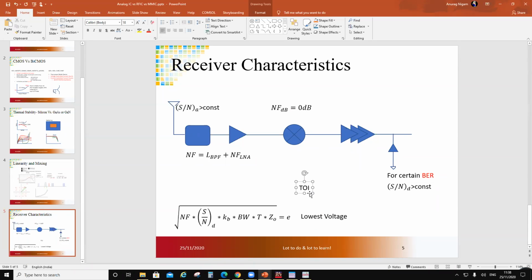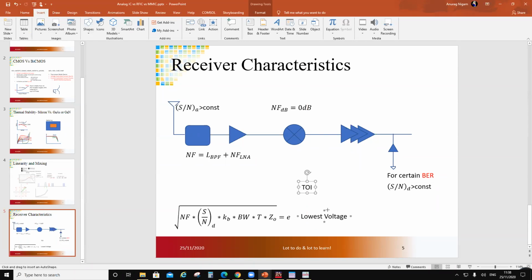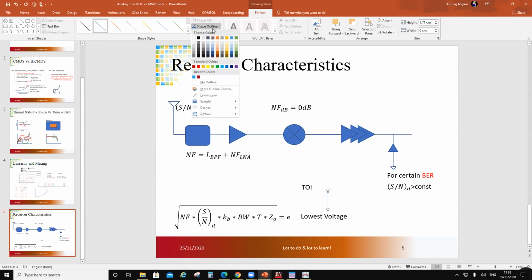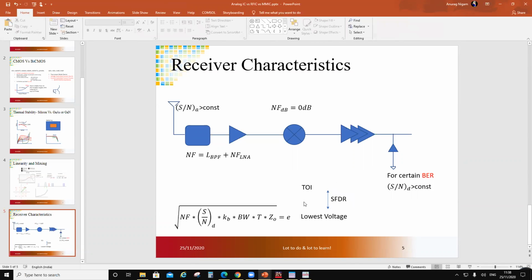Okay, and this gap between voltage and TOI, or sensitivity and TOI, is called SFDR. Okay, so this gap is called SFDR. So we are designing for certain dynamic range.